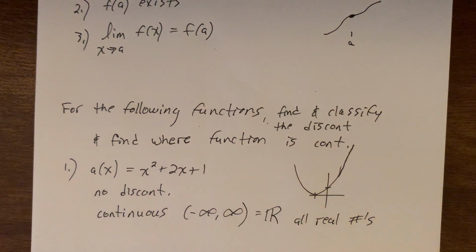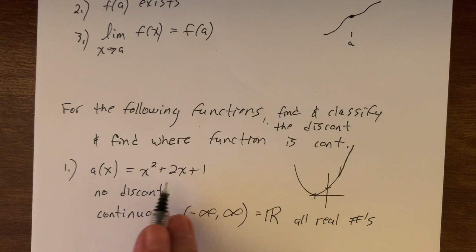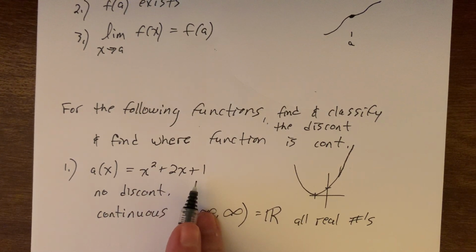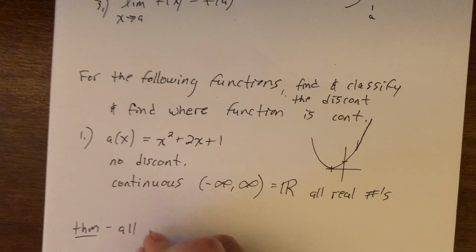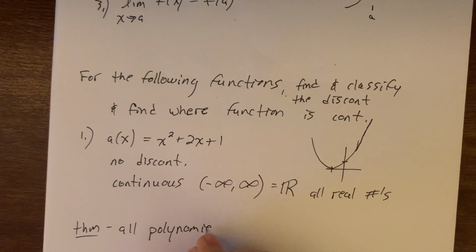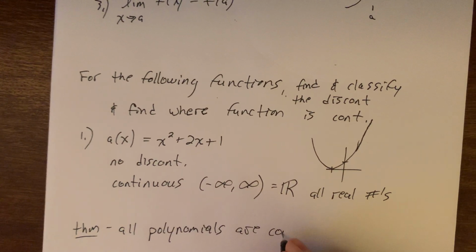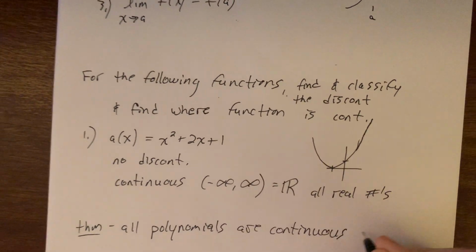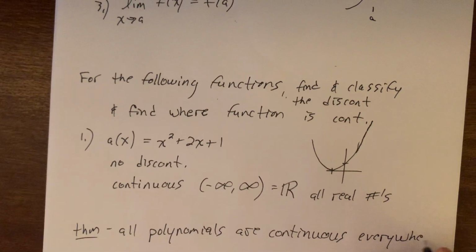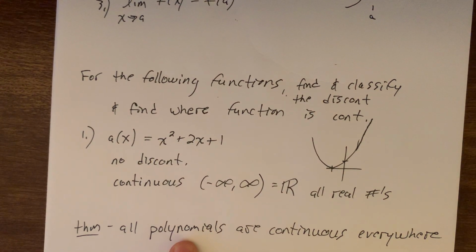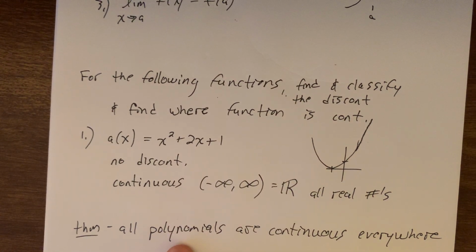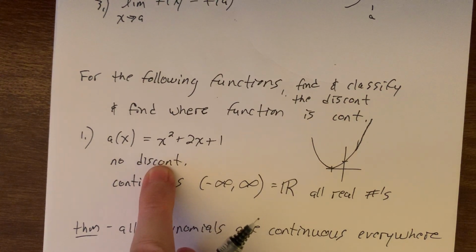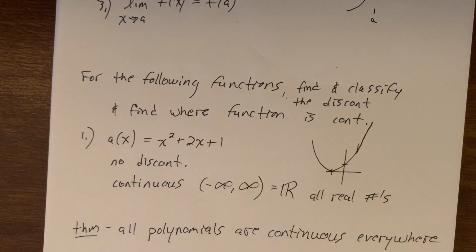The book takes this and makes a whole special theorem based off of this. As a broad category, this is what's known as a polynomial. So the book does make a nice little theorem: all polynomials are continuous everywhere. A polynomial will never have variables in the denominator, so you never have to worry about dividing by zero, and therefore will always end up with no discontinuities, and we are continuous everywhere.